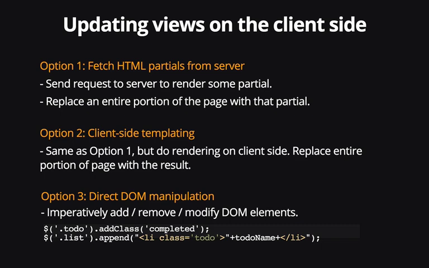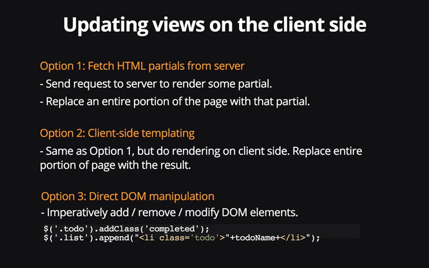And so you're just replacing entire subtrees of the DOM with some new string of HTML. So that's one option, which is fine in some cases. The second option is something like client-side templating. If you look at something like Backbone, Underscore ships with a templating library.